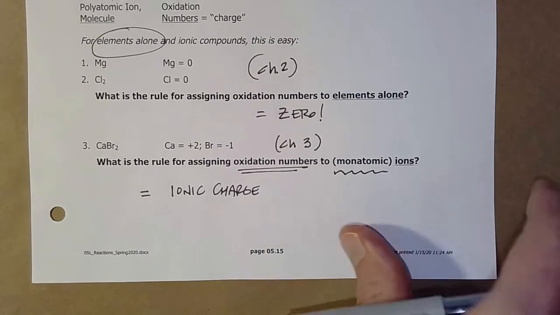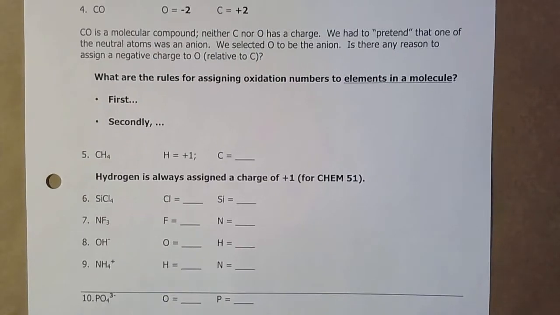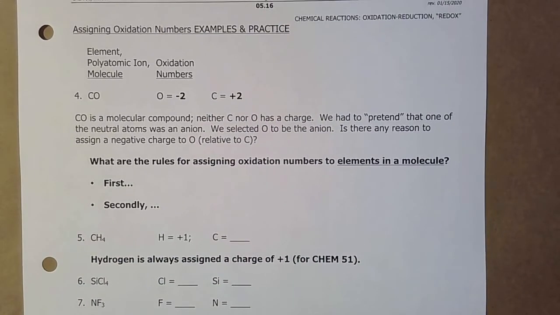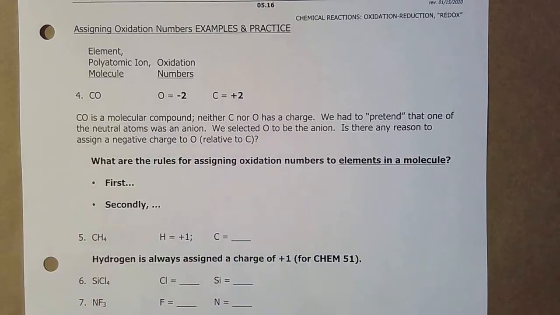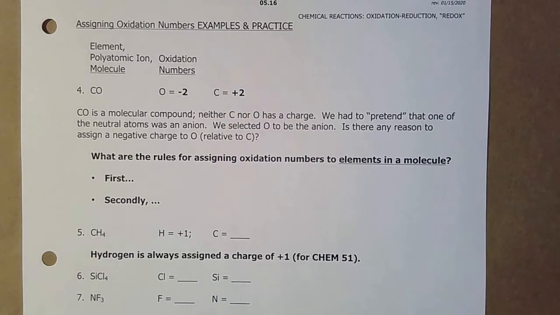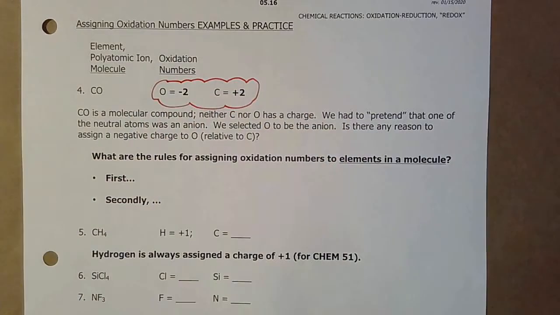Let's go to page 5.16 where it'll get a little messier. Now, carbon monoxide, it's molecular, it's covalent. It is not an ionic compound. There are no charges there. But here are my magic, unicorn, rainbow, fairy, pretend oxidation numbers. So here's what we're going to do again.